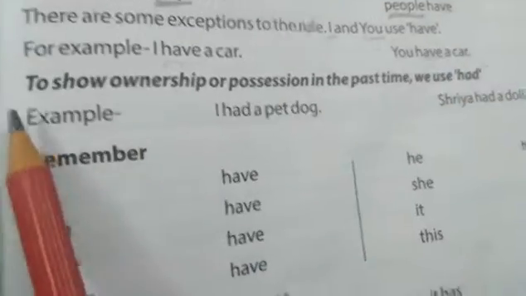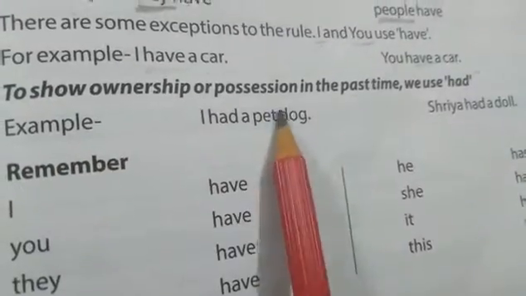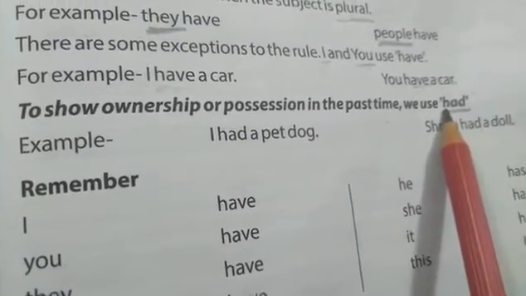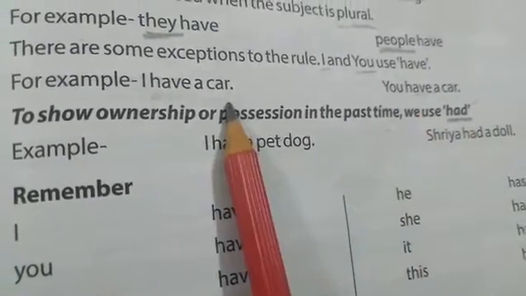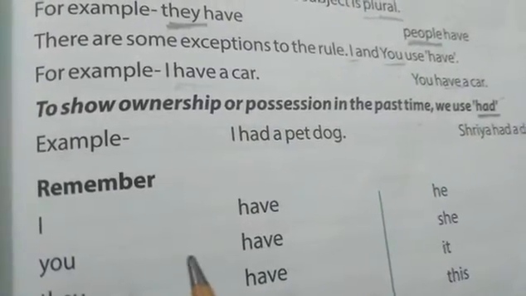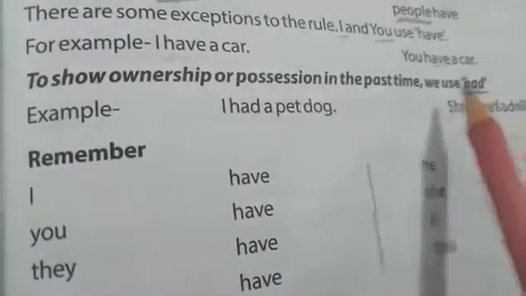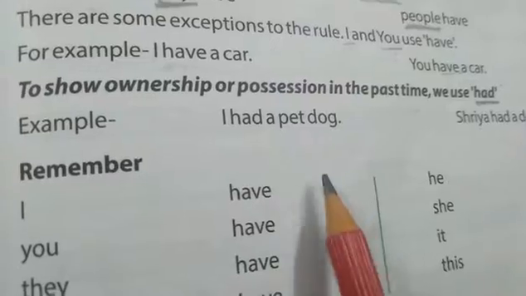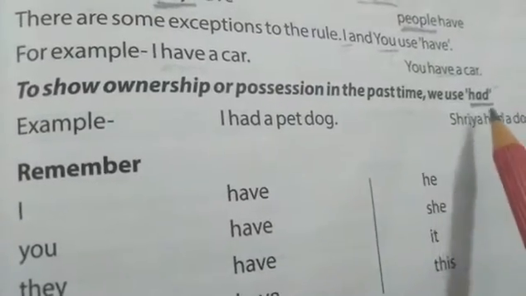Now to show ownership or possession in the past time, we use had. Had is the past form of have or has. So whenever we want to show possession in the past time, we will always use had. No matter whether the subject is singular, plural, first person or second person, we will always use had.